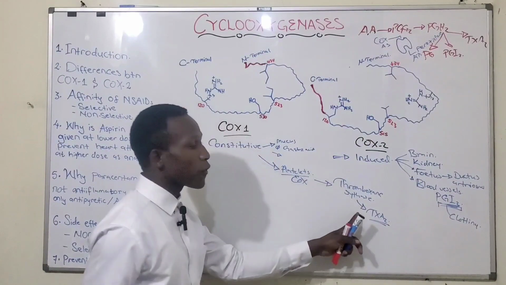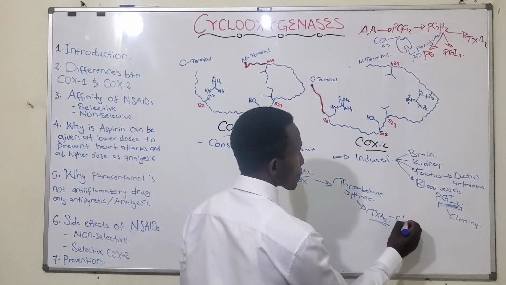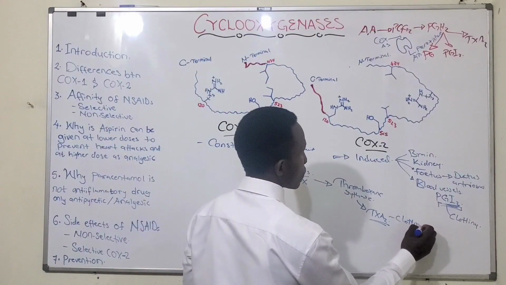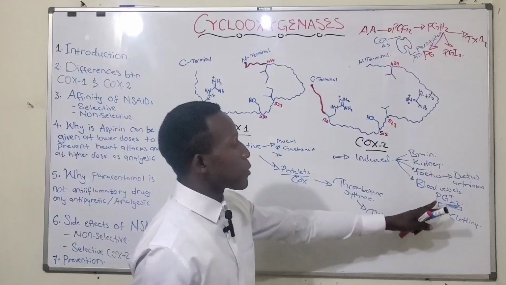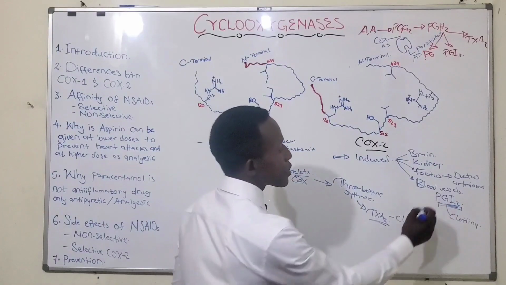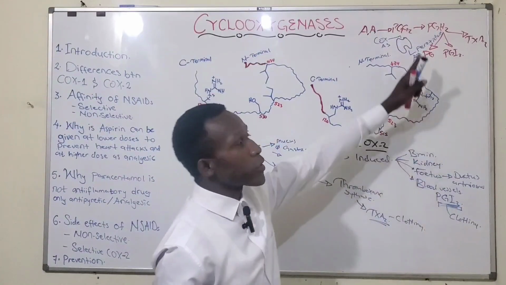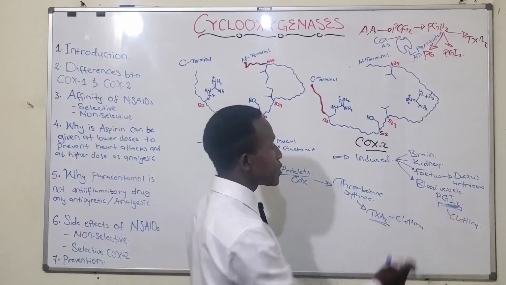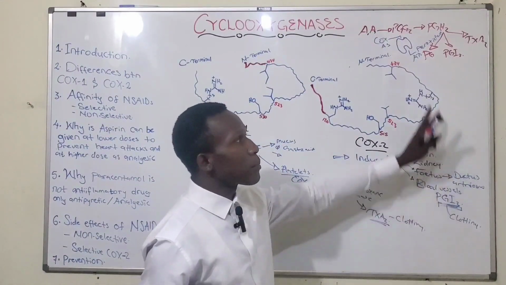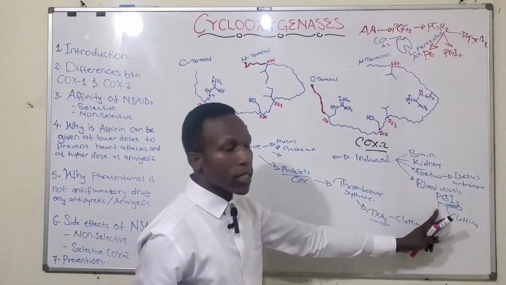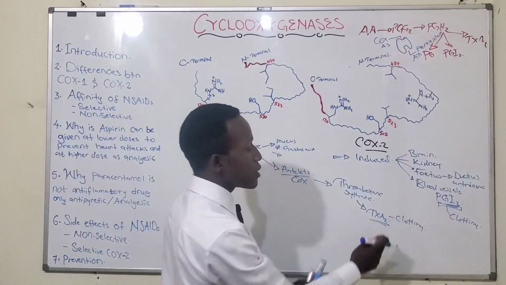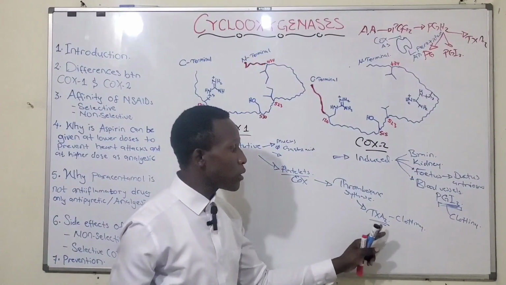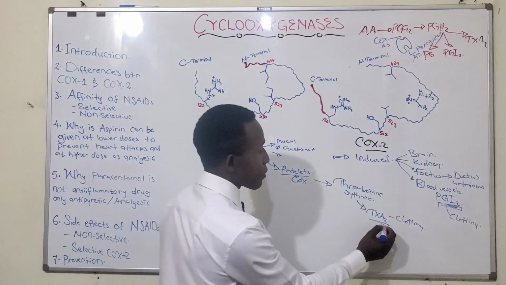This one is responsible for the clotting. So the prostacyclin, as it is produced from the prostaglandin H2 by prostacyclin synthase, antagonizes the effect of this one, such that there is no clotting in the blood vessels.